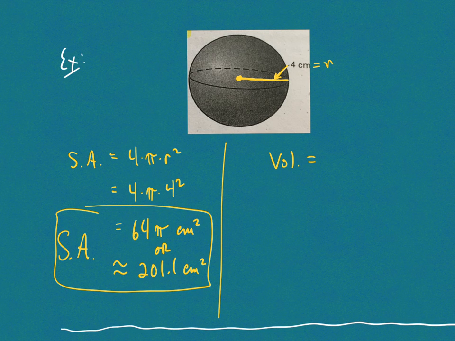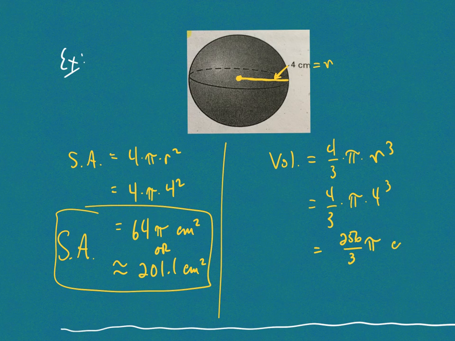And then the volume is going to be 4/3 times pi times the radius. In fact, I meant to give you the formula again. 4/3 times pi times the radius cubed. So in our problem, the radius is 4, so it'd be 4/3 times pi times 4 cubed. And what does that turn out to be there, guys? That would be, I think, 256/3 pi cubic centimeters.